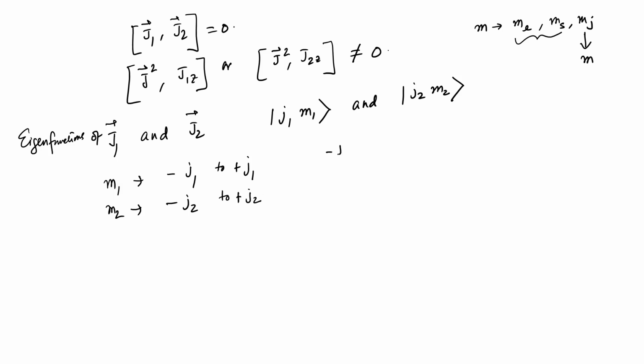So, it is like minus J1, minus J1 plus 1, minus J1 plus 2, and all the way to 0, and all the way to plus J1, and before that J1 minus 1 and so on. Okay. So, these are the values for M1, and similarly you will have values for M2.